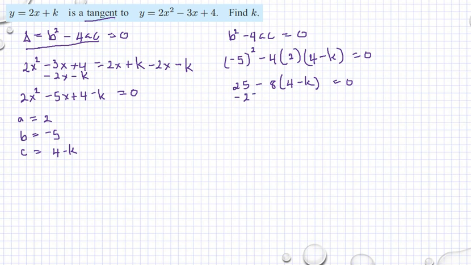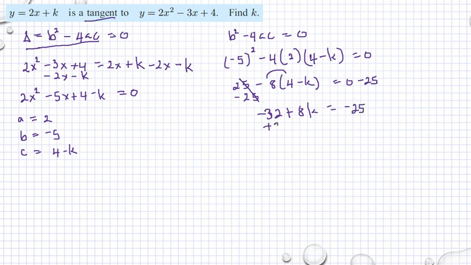If we multiply -8 by 4, then we have -32, and -8 by negative k is positive 8k, so 8k minus 7 is equal to 0.